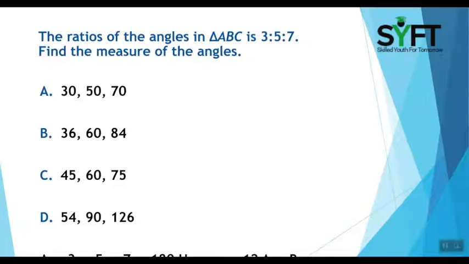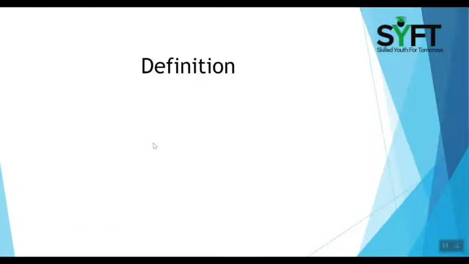Find the measures of the angles. 3x plus 5x plus 7x is equal to 180. Hence x is equal to 12, and the answer is B, that is 36, 60, 84. If x is 12, then 3 into 12 is 36, 12 into 5 is 60, and 12 into 7 is 84. So B is the correct answer.